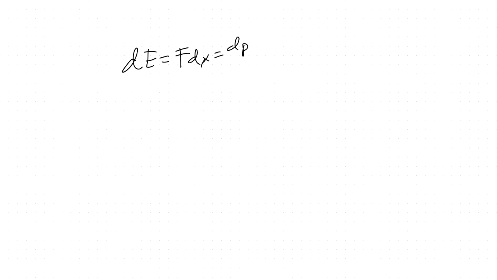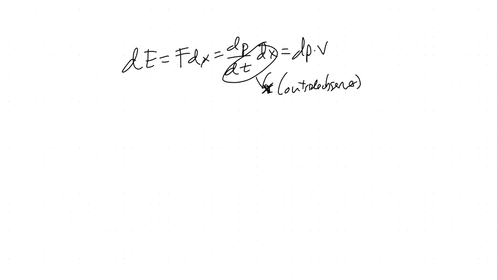Force is change in momentum over change in time, and dx dt is velocity, not r dot, but just proper velocity, right? I guess we call that vx in the x direction. So it's dp times your velocity from an outside observer. Does that kind of make sense?